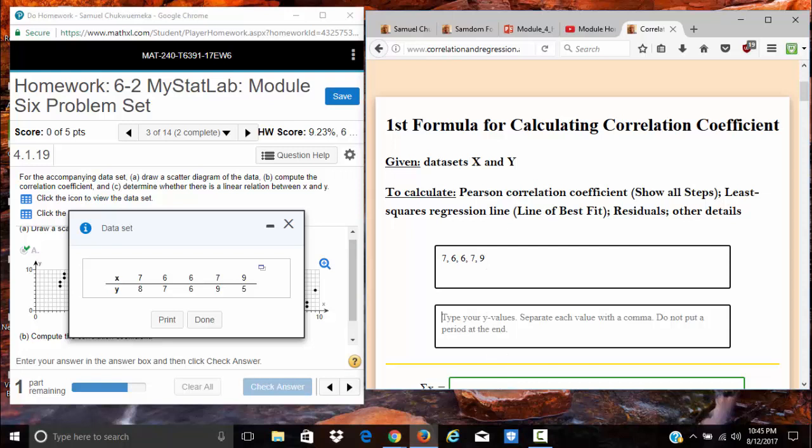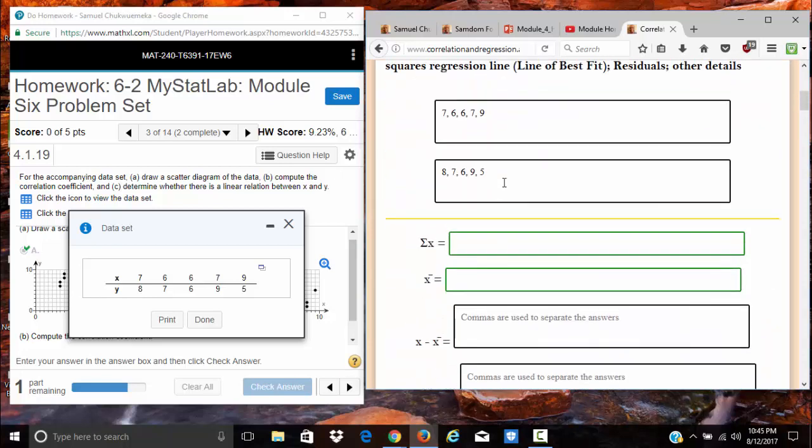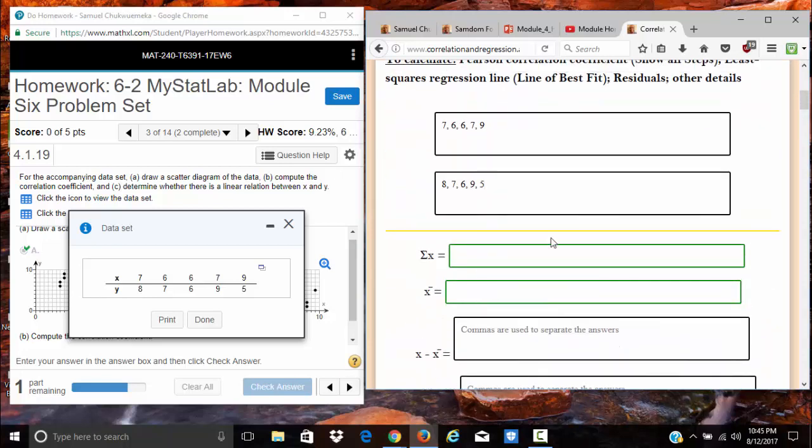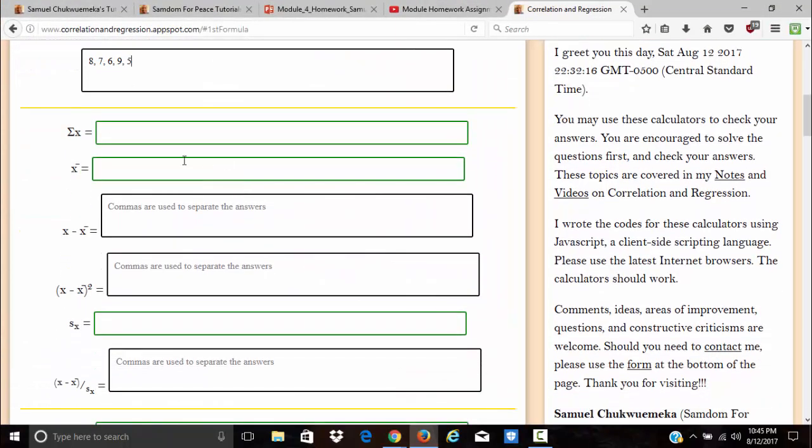The same thing goes for y values: 8, 7, 6, 9, 5. When you finish with this, let me make this bigger. If you're doing this by hand, this would help you find any step you missed.